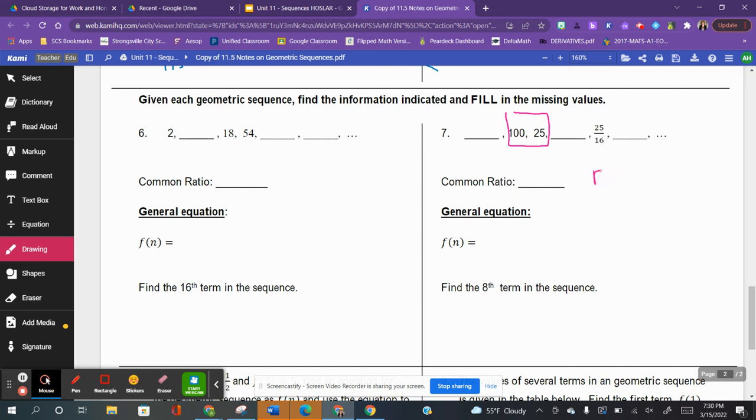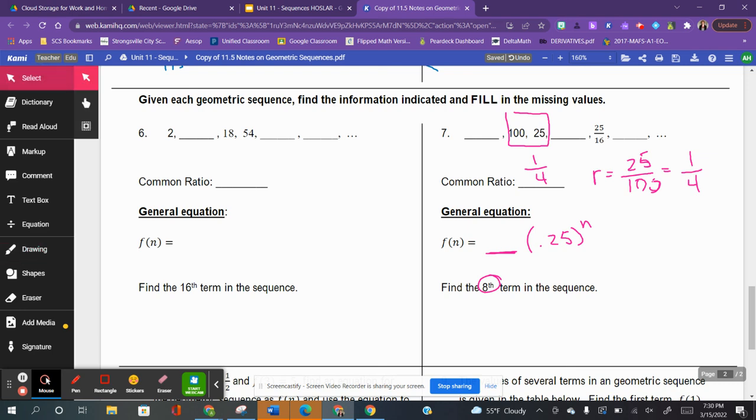And so to find that common ratio, I would take the 25. I would divide by the previous value. And 25 divided by 100, I'm going to say as a fraction is 1/4, or 0.25. So you're going to have to do some work to figure out the 0th term. You could say 1/4, or you could say 0.25 to the n, and then you're going to use that equation to find the 8th number in your list.